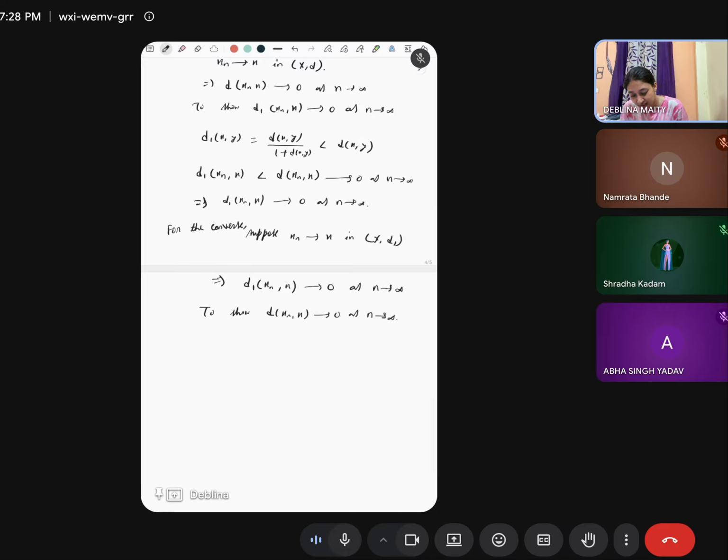Okay, let's go to the next problem. Let's take R with the usual metric, and R with the discrete metric.